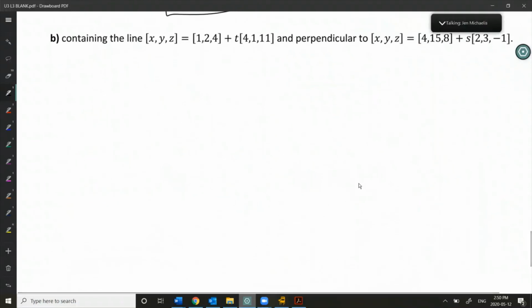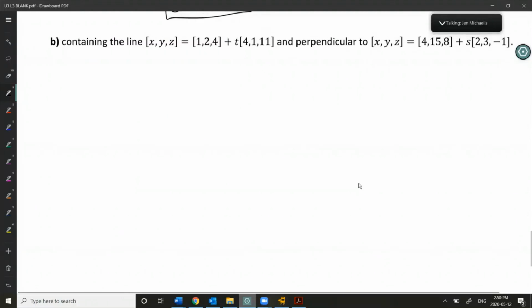Let's try another one here. We want our plane to contain the line with position vector 1, 2, 4 and direction vector 4, 1, 11, and we want it to be perpendicular to our second line. If it contains the line, it contains the direction vector. It also contains the point that our position vector goes out to.